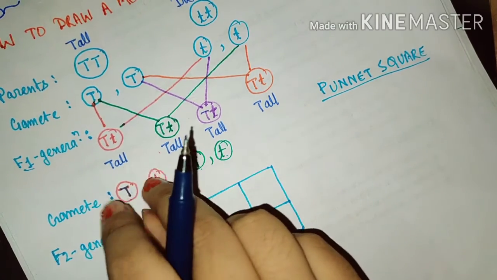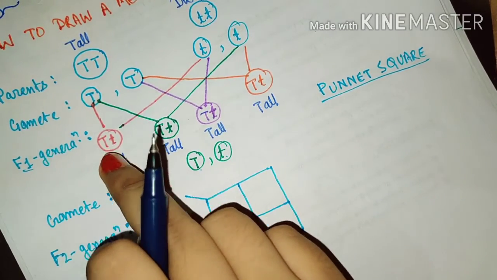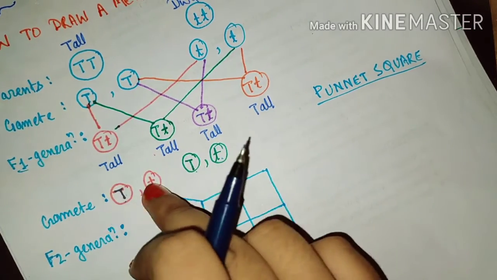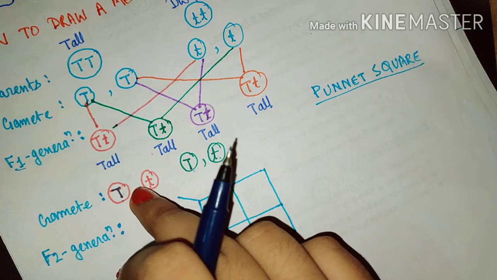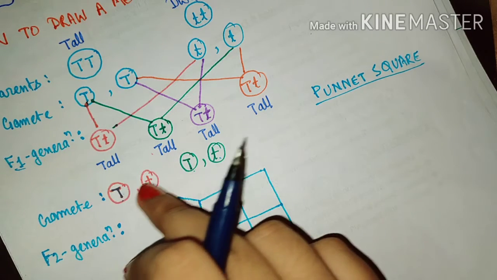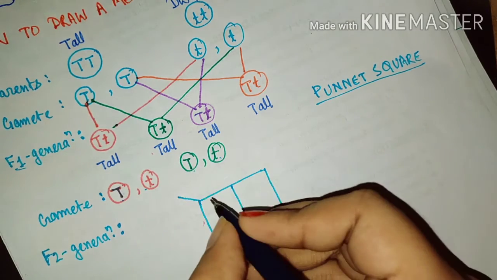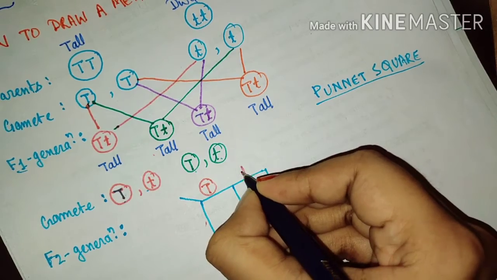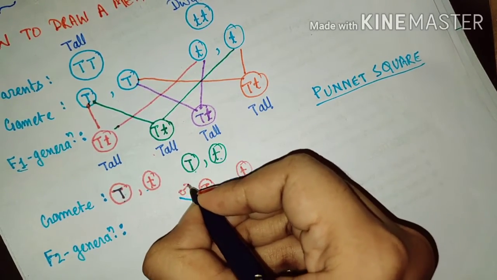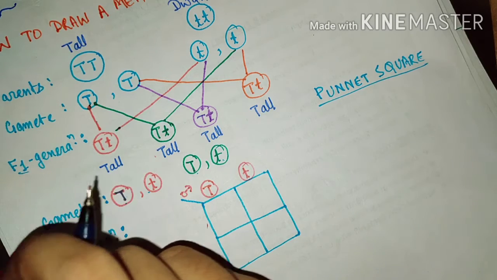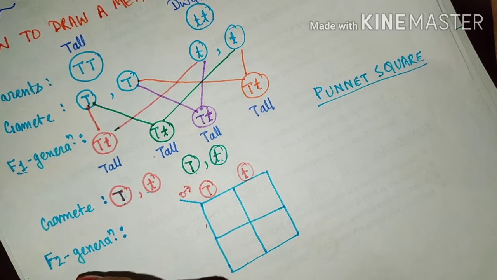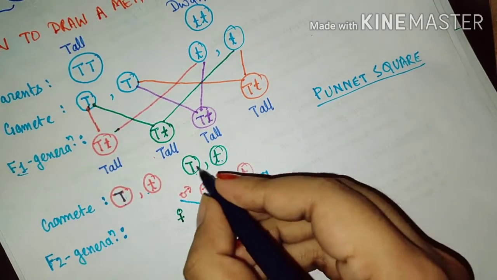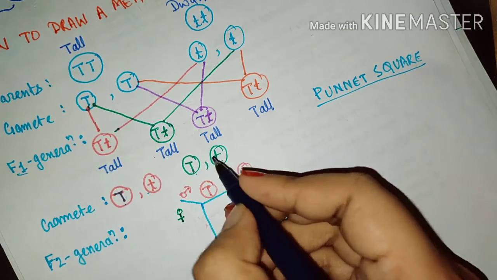So the first parent, I am considering this parent as the male parent, and this parent will be the female parent. So from the male parent these two gametes are formed. So these two gametes represent the male gametes, and they will be represented on this side. On this side the male gametes will be represented, and towards the vertical side the female gametes will be represented. Female parent, female gametes.